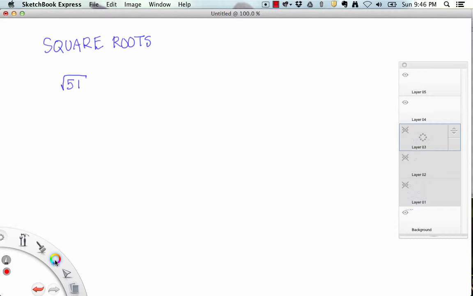Okay, so let's talk through just one more example. How would you find the square root of 51? Well, you want to think about what's close. So 5 squared is 25, 6 squared is 36, 7 squared is 49. Ooh, that's close. 49. 8 squared is 64. It's definitely closer to the 7. So instead of starting at 7.5, I'm going to start with 7 and 1/10.